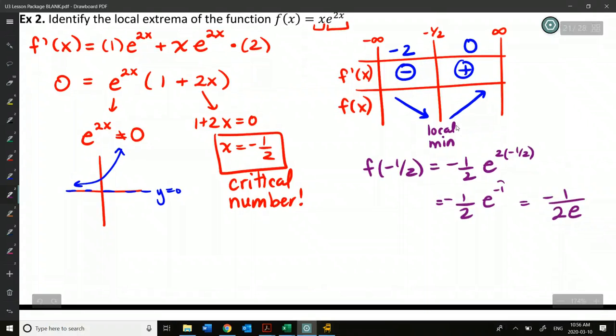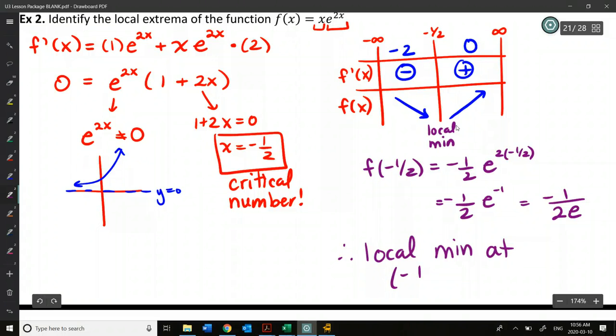Here I'm applying the negative exponent rule, which says if you have a negative exponent, you can make it positive by moving it to the opposite side of the fraction. So this equals negative 1, then apply the negative exponent rule, move it down, make the exponent positive. Okay, so we have a local min at the point negative half, negative 1 over 2e.